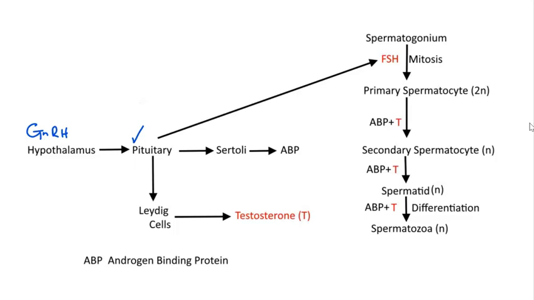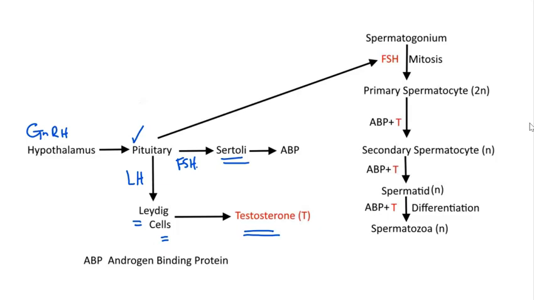And the anterior pituitary will be sending follicle-stimulating hormone to some cells in the seminiferous tubules called Sertoli cells. At the same time, the pituitary will be targeting the Leydig cells with luteinizing hormone, and it's the luteinizing hormone acting on the Leydig cells that actually produces the testosterone.